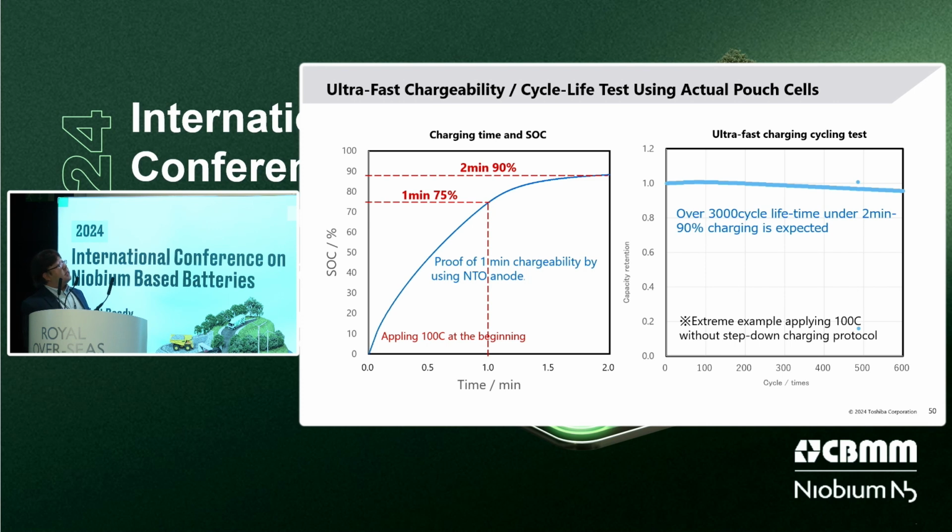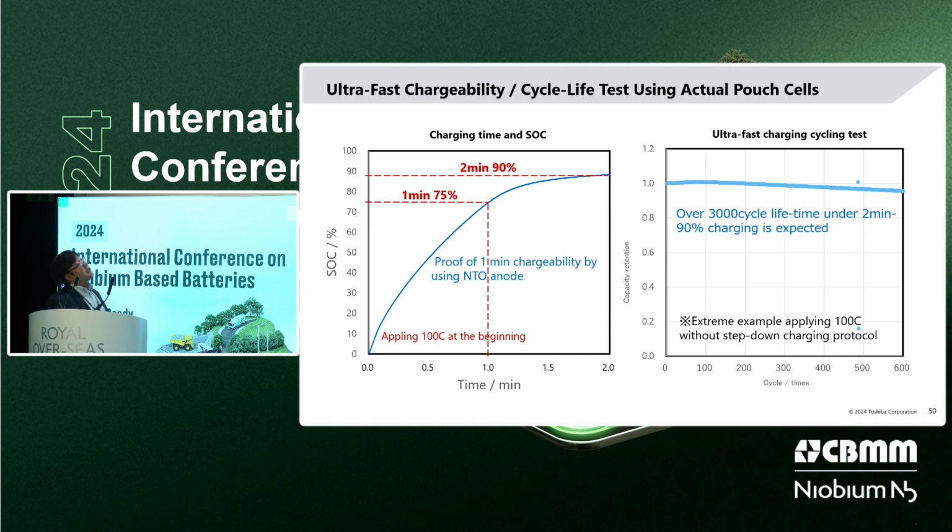And also, we checked the ultra-fast chargeability. By applying 100C at the beginning, this battery can recharge 1 minute up to 75% and 2 minutes up to 90%. This is a proof of 1 minute charging by using NTO anode.